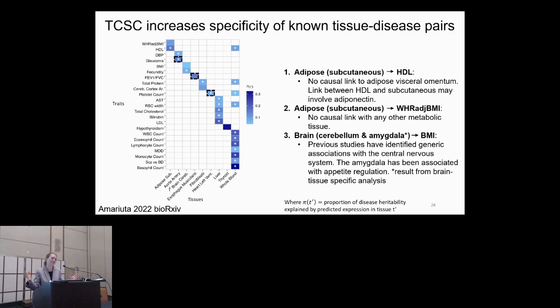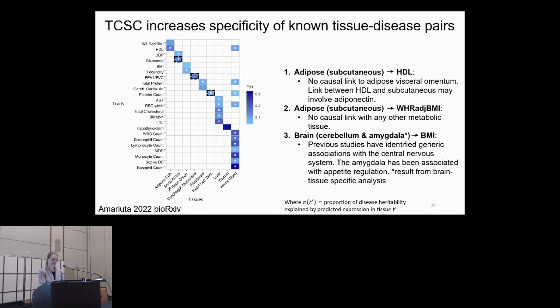Because every time you add more tissues, it's harder to find residual signal that points to a specific tissue. And so we knew that we have this prior knowledge that central nervous system is important for BMI, so we felt justified in making that choice to eliminate non-brain tissues.